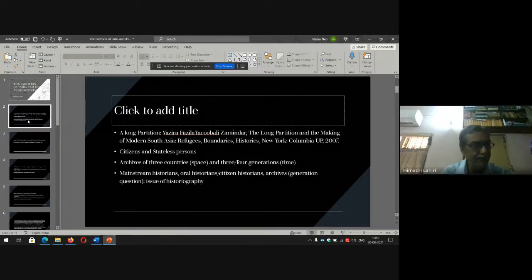If you think very deeply about how Amitav Ghosh might have written The Shadow Lines, you will interestingly find that the book was heavily dependent on archives.